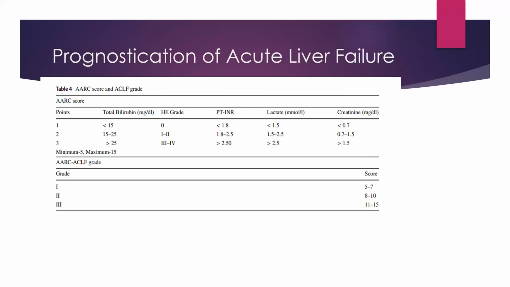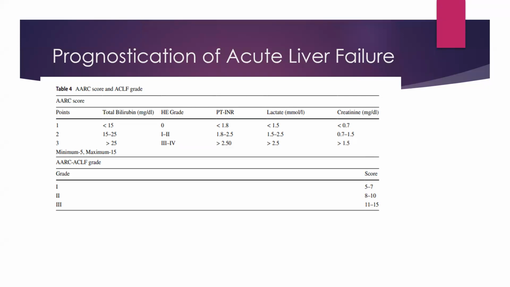Then how we should prognosticate this acute liver failure? So there is an R score, which consists of total bilirubin, hepatic encephalopathy grades, PT INR levels, lactate, and the creatinine. Point 1 if total bilirubin is less than 15, hepatic encephalopathy grade is 0, PT INR less than 1.8, lactate less than 1.5, creatinine less than 0.7.